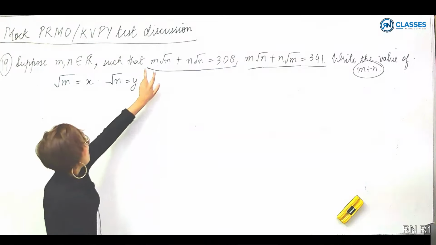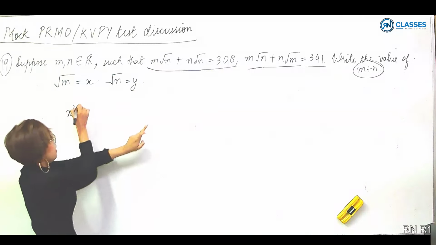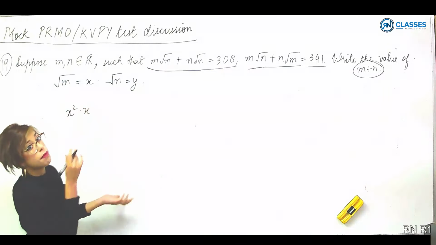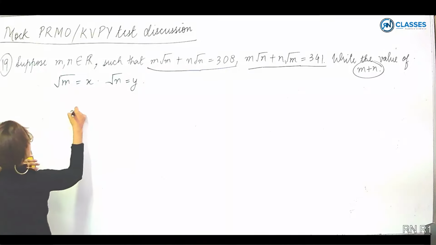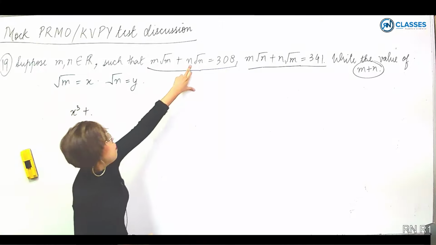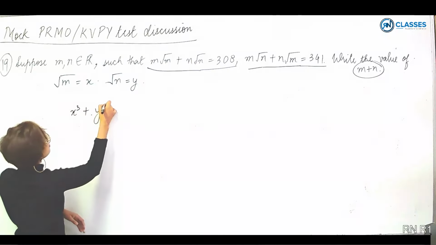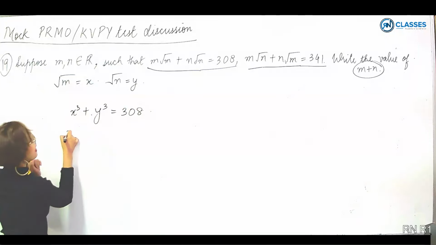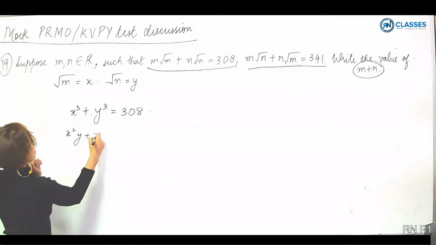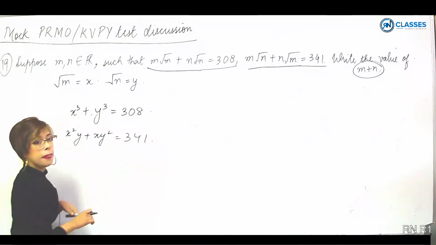Alright, so m is nothing but x square, so x square into x gives me x cube, plus n, y square into y, so this becomes y cube, which is equal to 308. Similarly, I'll get x square y plus xy square is equal to 341.